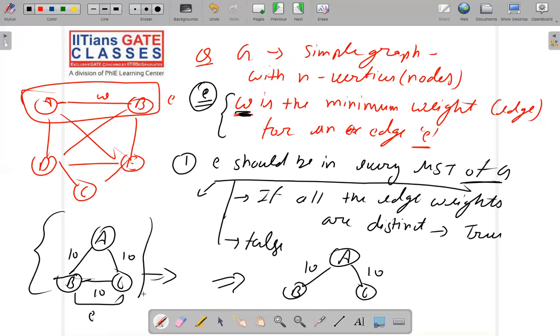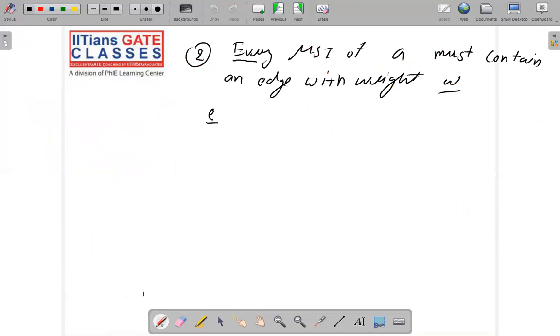E has minimum weight, and still it is not part of the minimum spanning tree, where there is a cycle and we have multiple edges with minimum weight. Now it's saying that every MST of G must contain an edge with weight W. Now W is the minimum weight.